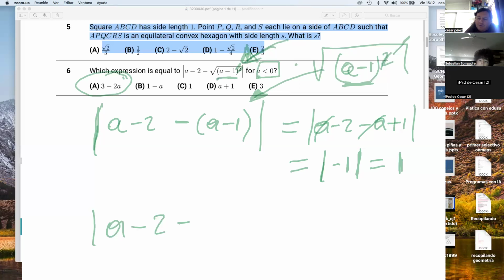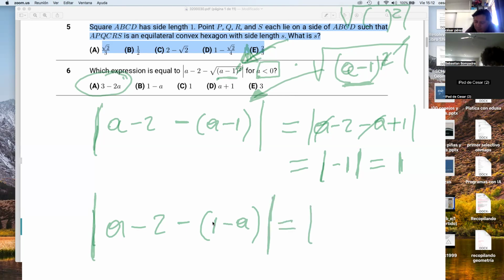If we have a square root and a square, we are going to use the positive value. Okay? So we will have this. This will give us a positive. So we are going to make this, and we are going to get 2a minus 3.